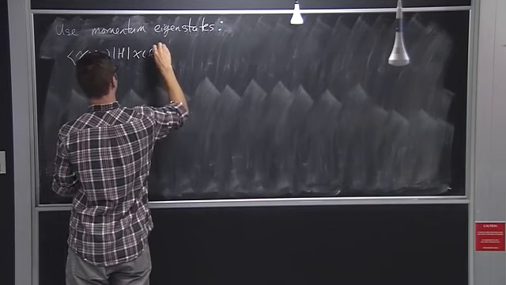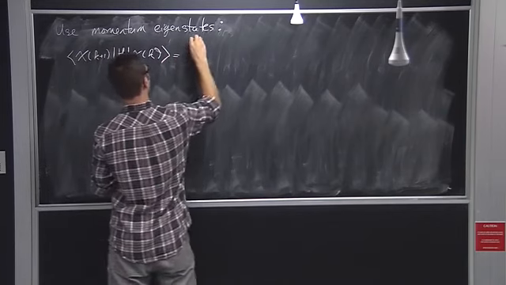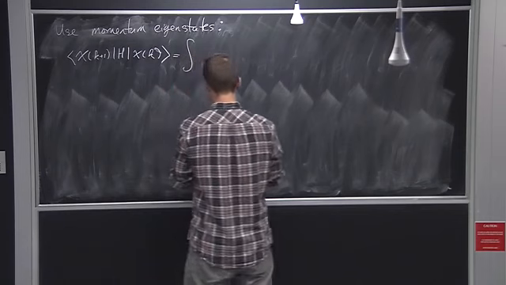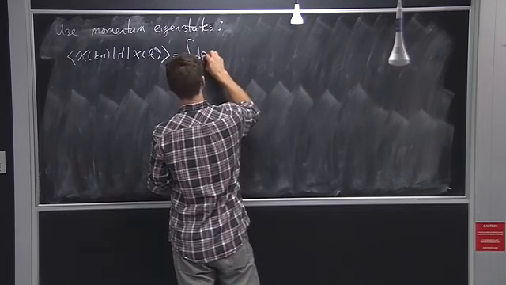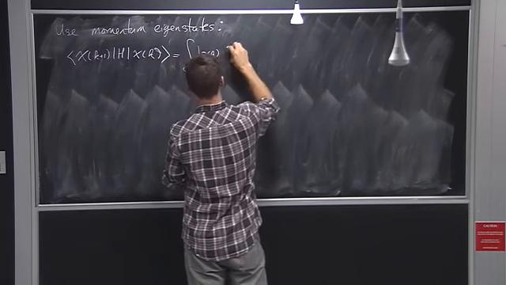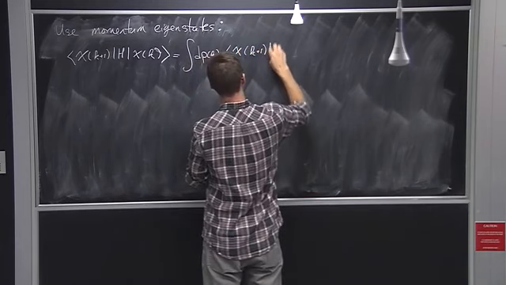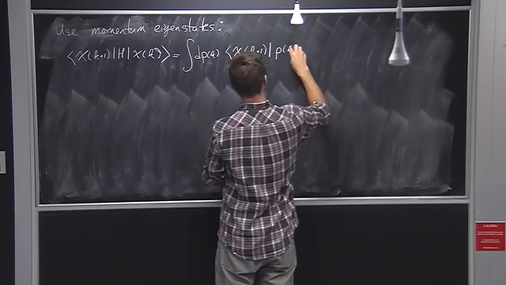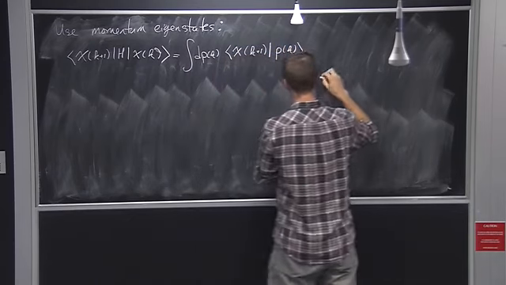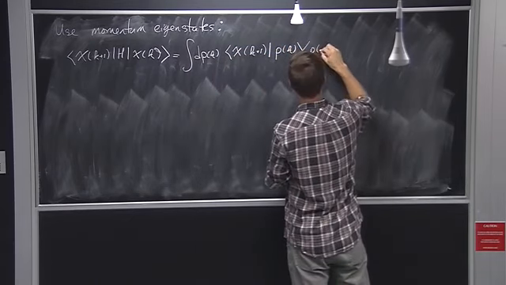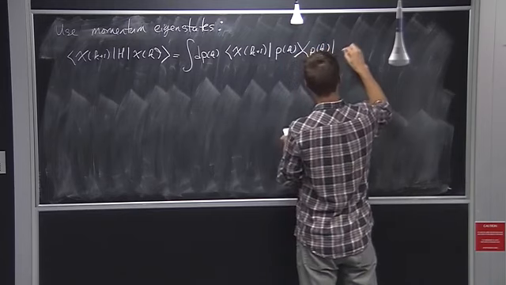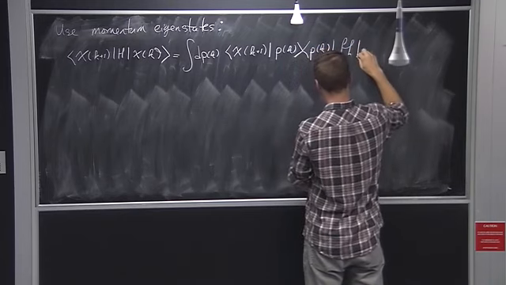So we're going to expand in momentum eigenstates. So a resolution of the identity right here, and the Hamiltonian.